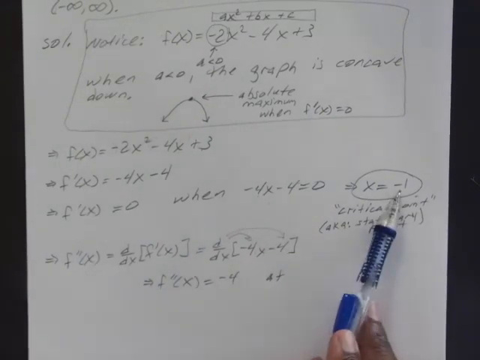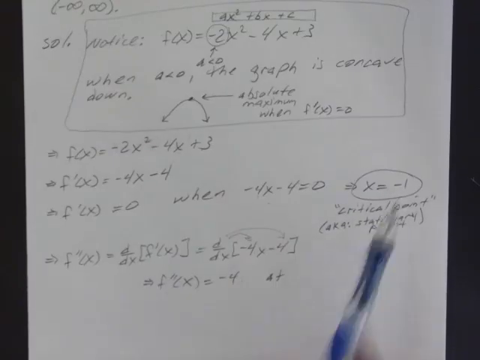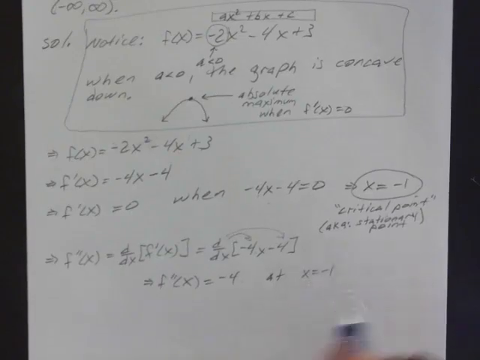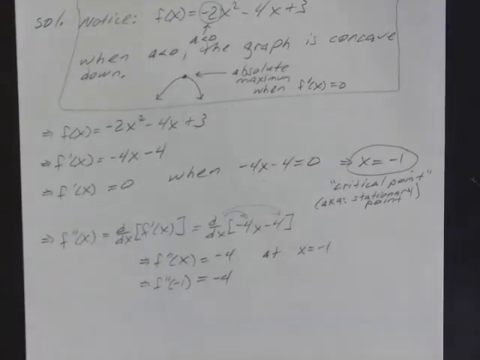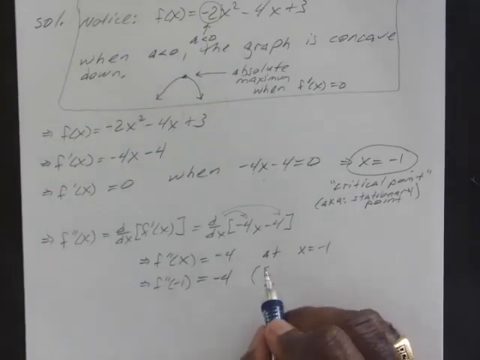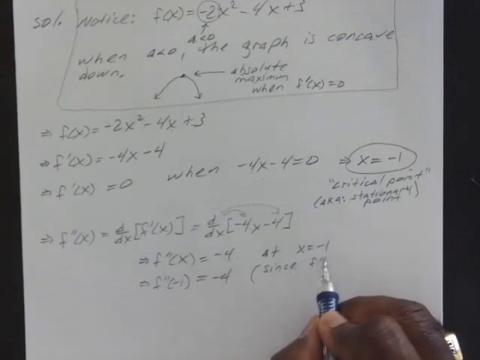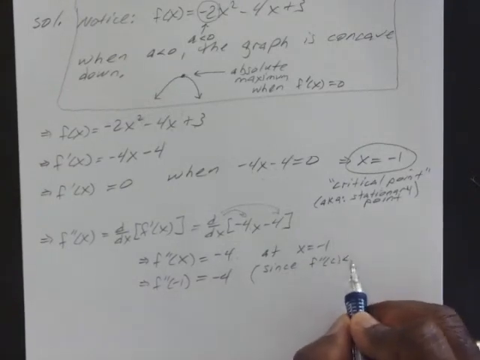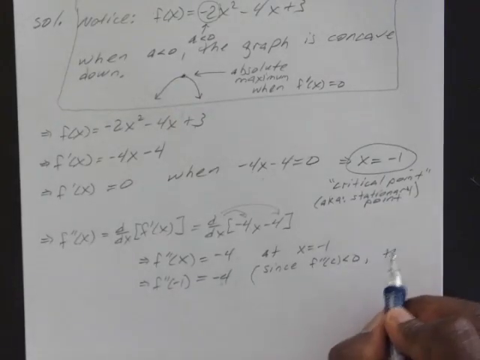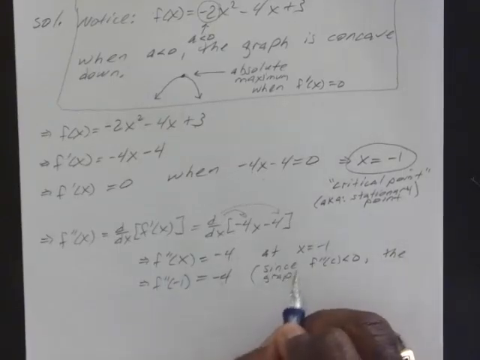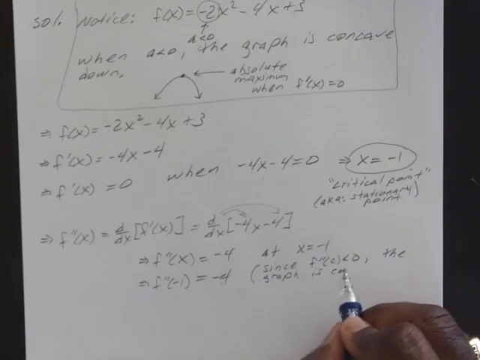So at the point x equals negative 1, because that's our critical / stationary point, you know, the second derivative at negative 1, well, there are no x's to replace here, so it just stays constant at negative 4. So we know that since the second derivative at our value x is equal to c is less than 0, the graph is concave down.